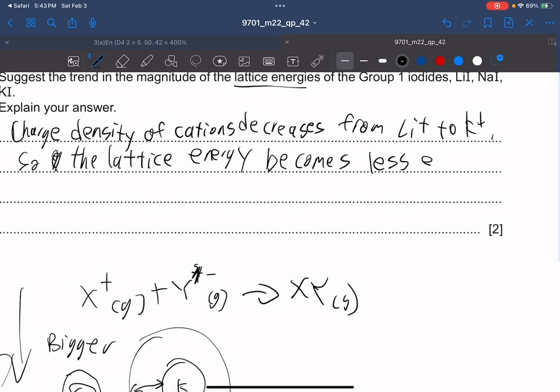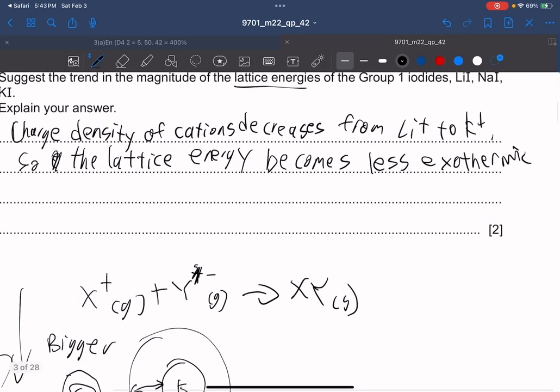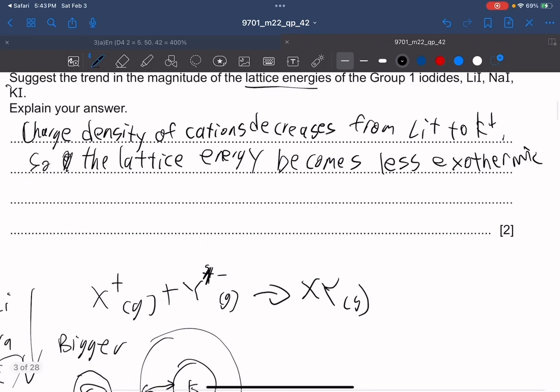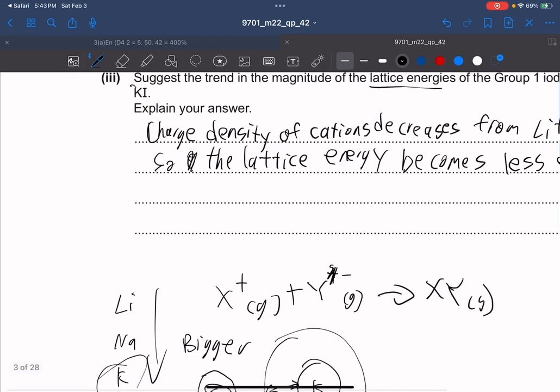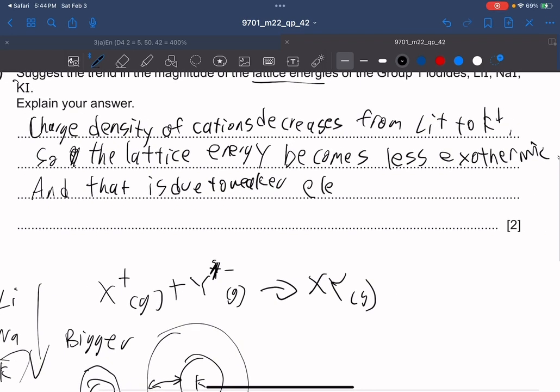Again, what we have to remember is that the magnitude decreases, but it's still going to be negative, because lattice energy is always negative. So it's going to be less exothermic, and that is due to weaker electrostatic attraction between ions.